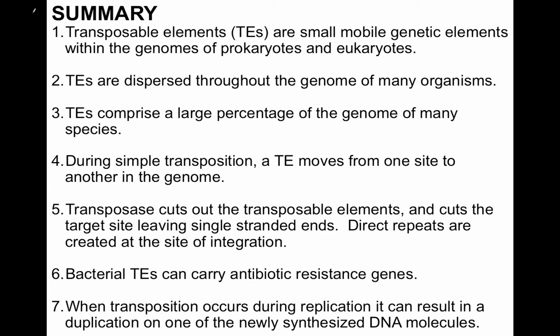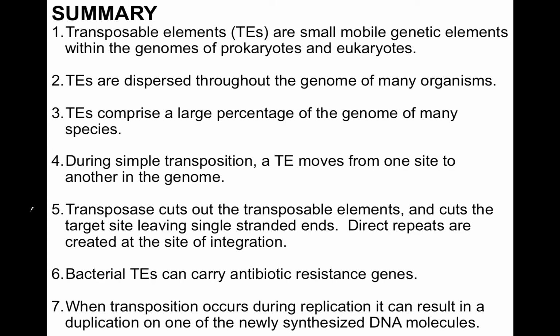So in summary, transposable elements are small mobile genetic elements within the genomes of both prokaryotes and eukaryotes. TEs are dispersed throughout the genome of many organisms. TEs comprise a large percentage of the genome of many species. During simple transposition, a TE moves from one site to another in the genome.